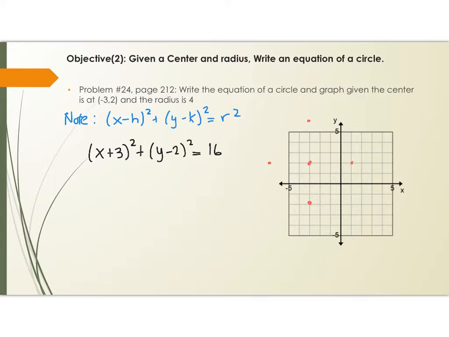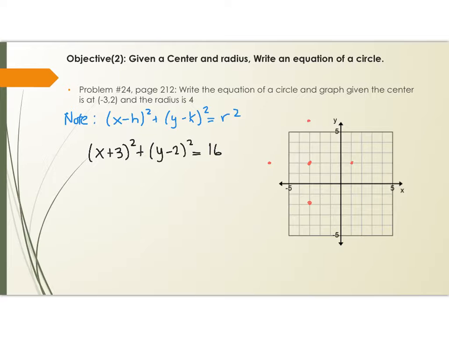And if we wanted to graph the circle, again, we would put our point, the red point, there at the center at -3, 2, and we count out in either of the directions along an axis of the circle that corresponds to the axis of the original coordinate system, and we go out 4 points from each direction of the center.